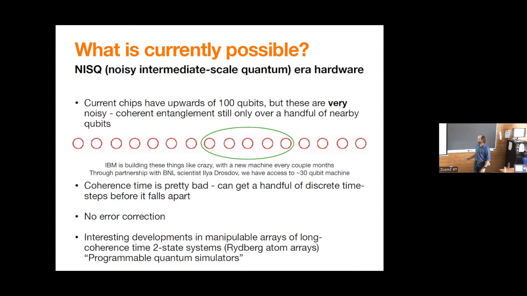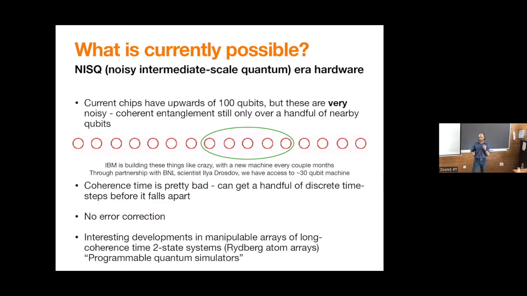There are some interesting developments in creating machines that are kind of hybrid between the analog quantum simulation and the more gate-based description that I had, where you program in the geometry that you want your qubits to have in their layout, and that geometry dictates how they interact with each other.